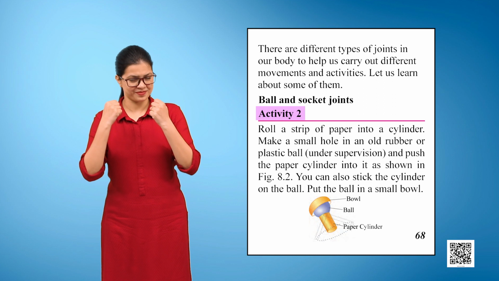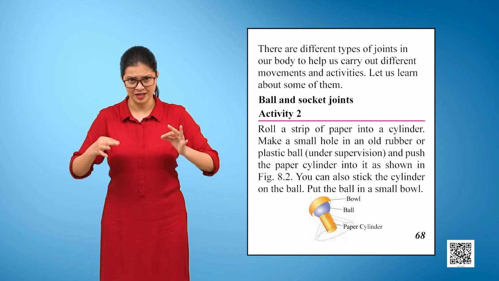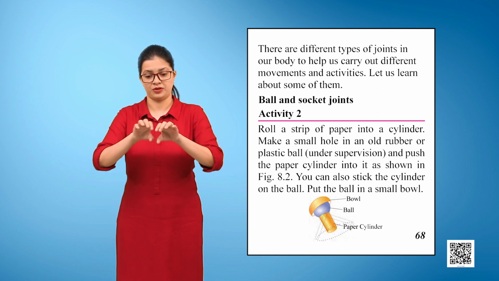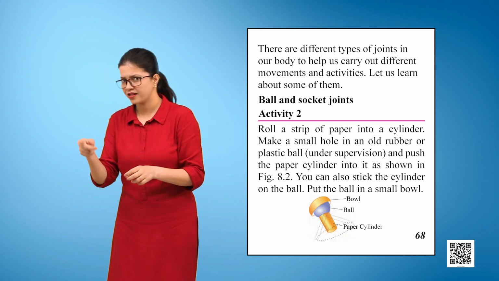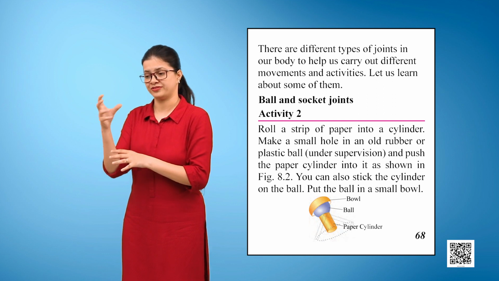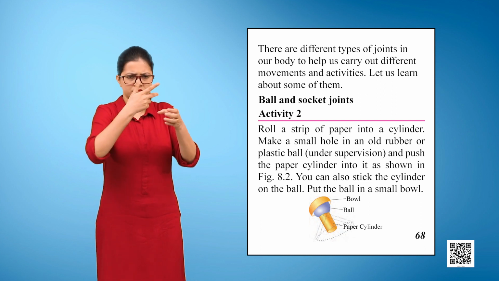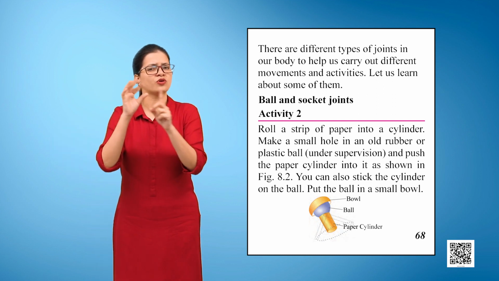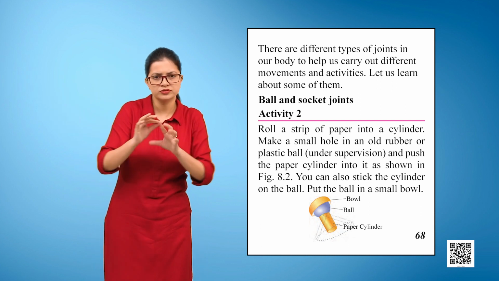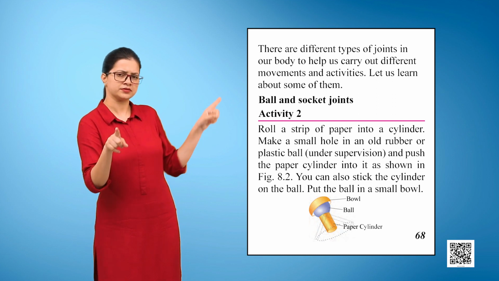Activity 2. Roll a strip of paper into a cylinder. Make a small hole in an old rubber or plastic ball under supervision, and push the paper cylinder into it as shown in figure 8.2.